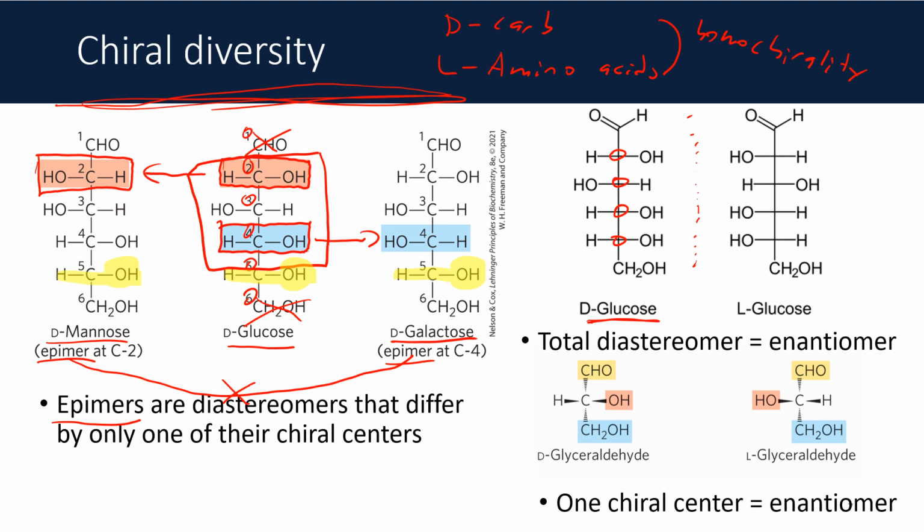By changing every single chiral center, including the forbidden one at the bottom, the one that biology normally doesn't touch, we are going to get a different molecule again, but it's not going to have a different name. Instead, it's going to have completely inverted chirality. We are going to go from D-glucose to L-glucose.